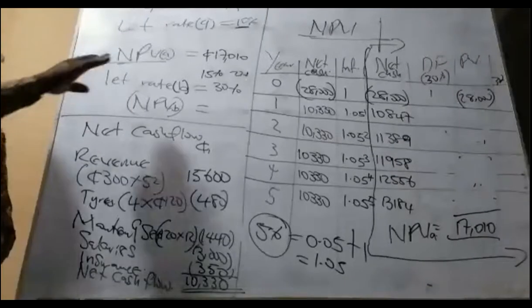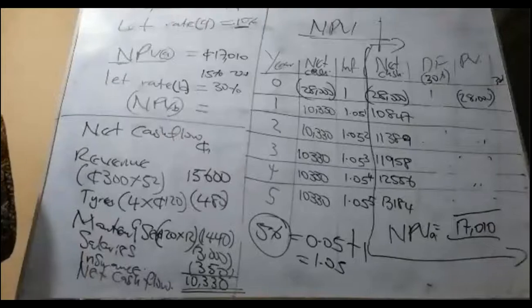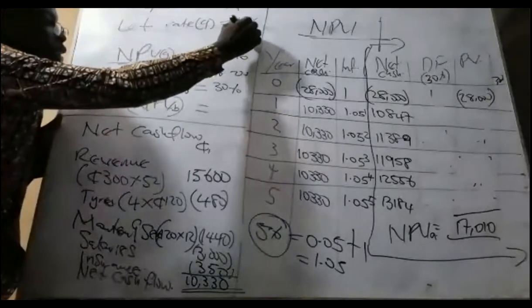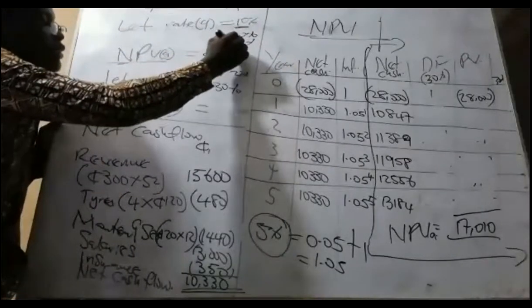Now the rate A, the first rate, is guesswork. Any discount factor at all you can choose for the first rate. So the first rate, they've probably selected 20%, 30%, 25%.